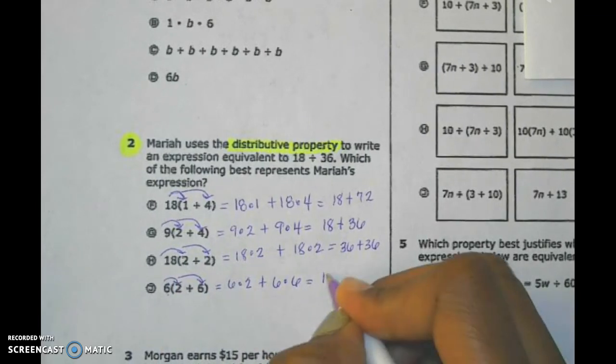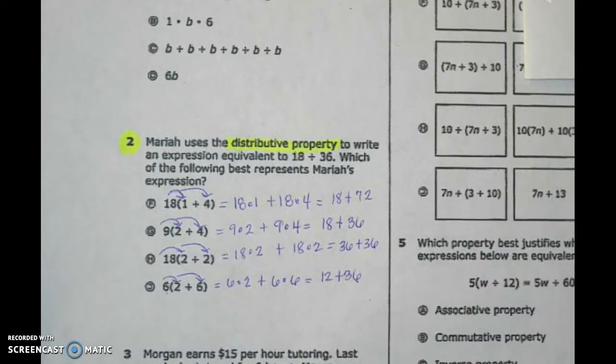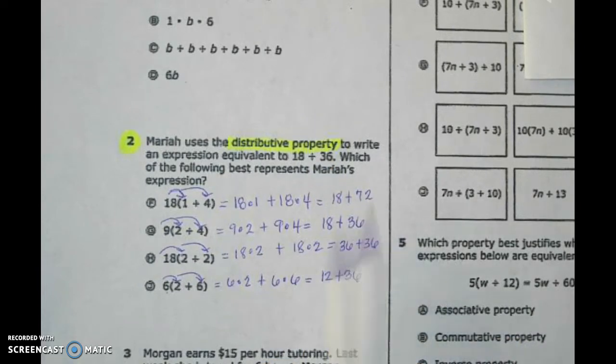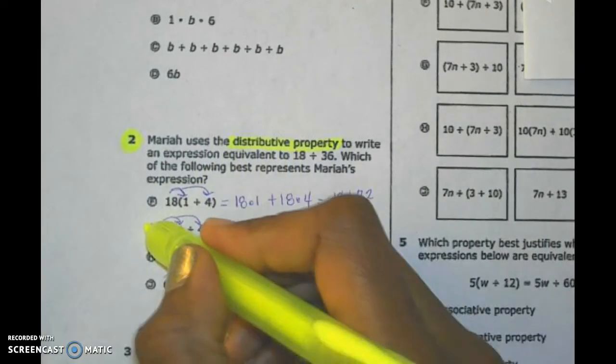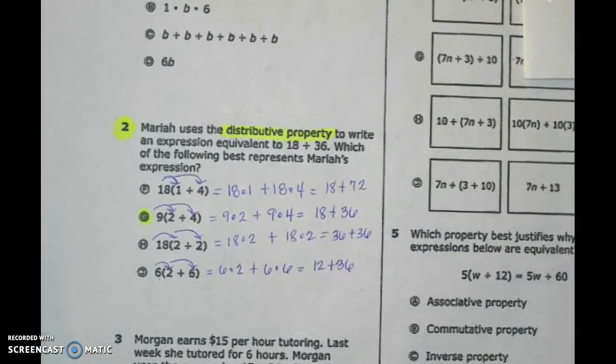Here we would have 12 plus 36. So we're looking for the expression that will give us 18 plus 36. 18 plus 72, 18 plus 36, 36 plus 36. So it looks like our answer would be G. G is the one that would give us an equivalent expression of 18 plus 36 using the distributive property.